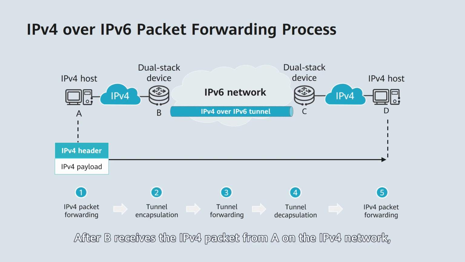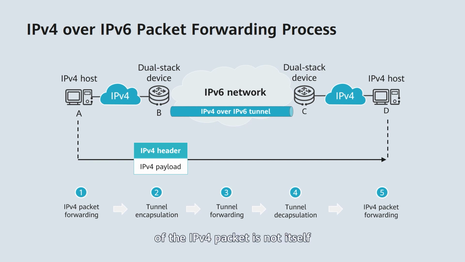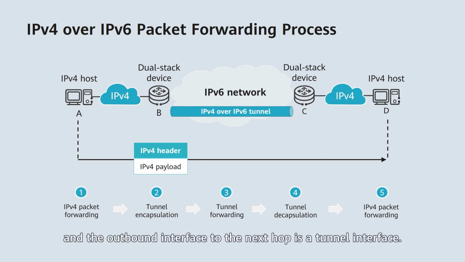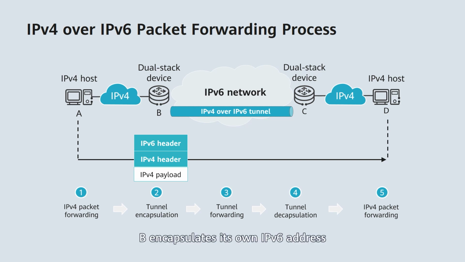After B receives the IPv4 packet from A on the IPv4 network, B finds that the destination address of the IPv4 packet is not itself, and the outbound interface to the next hop is a tunnel interface. B then adds an IPv6 header to the packet. B encapsulates its own IPv6 address into the source address field, and the IPv6 address of the peer border node C into the destination address field.